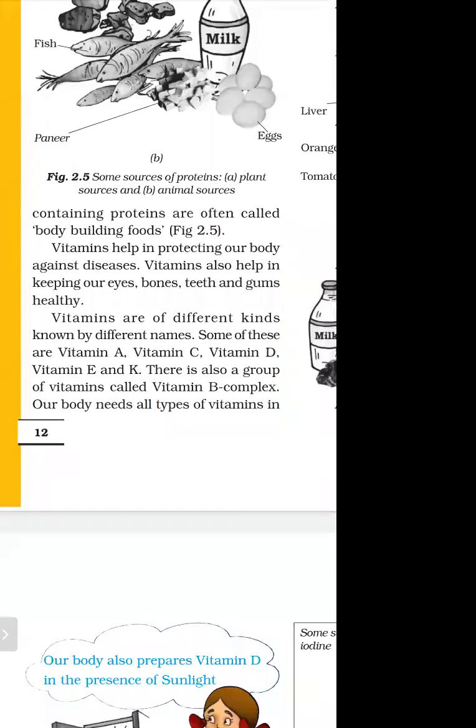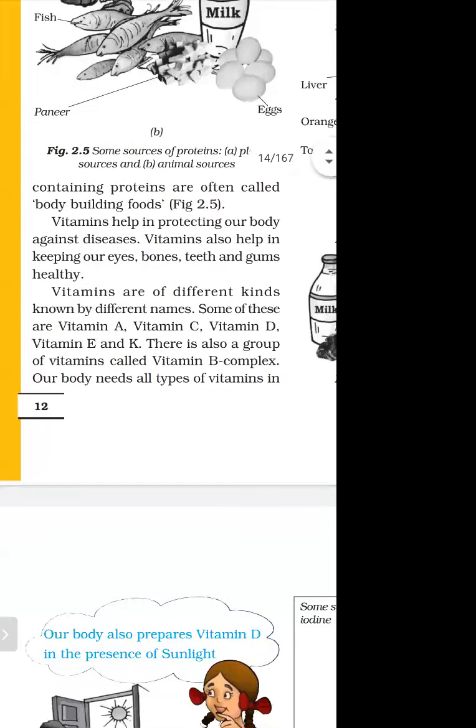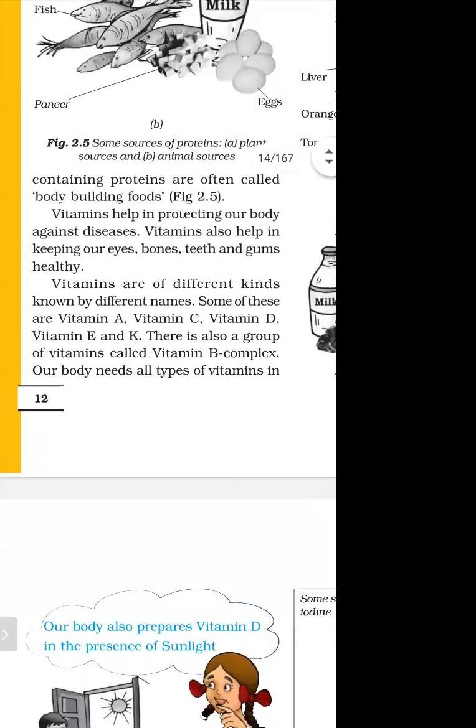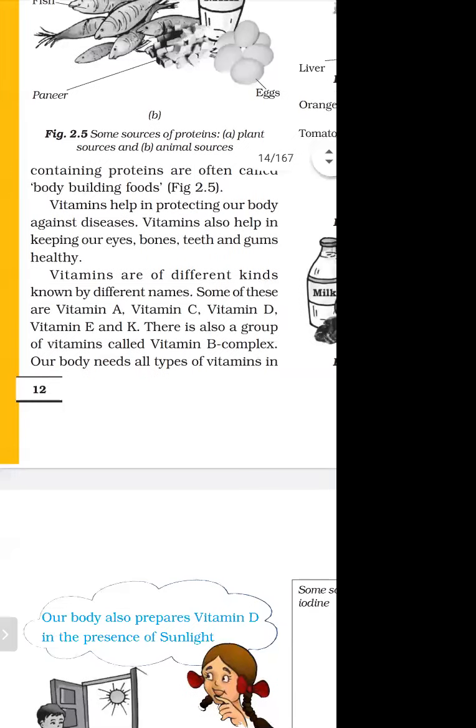In vitamins A, B, C, D, E, and K, please note, vitamin B and vitamin C are water soluble, and vitamins A, D, E, and K are fat soluble.